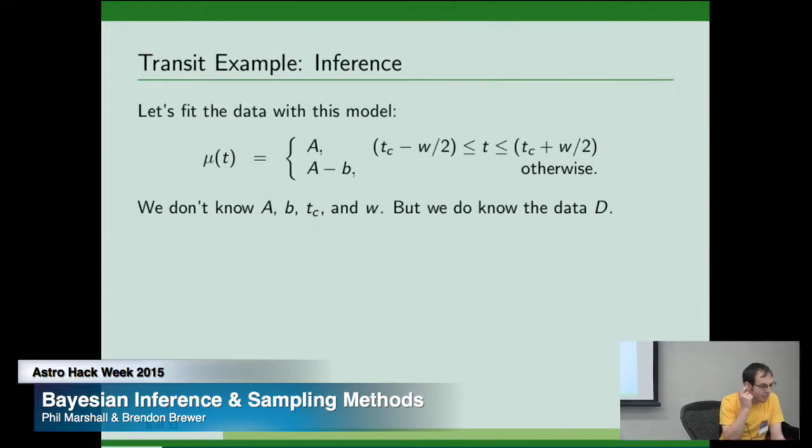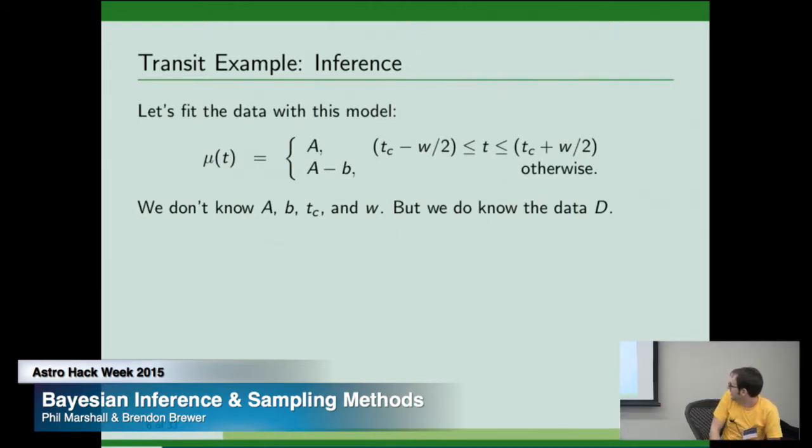We could have a model with unknown parameters and interpret our problem as an inference problem for these parameters. So what we'll do today is we'll fit this data set with a model like this: there's some time tc which defines the center of the transit, and there's a width w which defines the width, and when the time is between tc minus half the width and tc plus half the width, then the curve has 1 value, and when it's outside of that range, the curve has some other value.